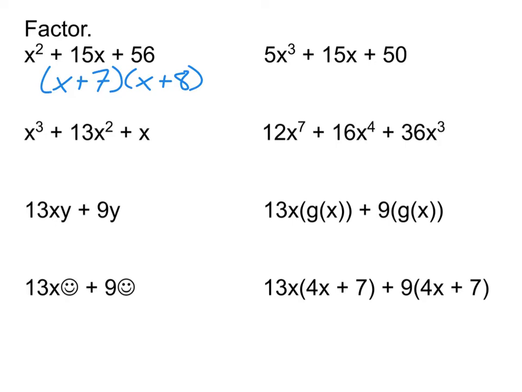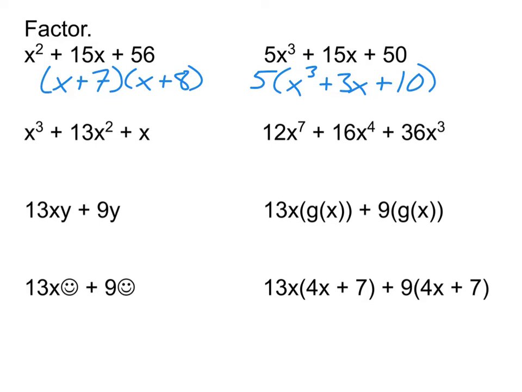And so if I look at every single term here, I can divide them all by 5. And so I'm going to pull the 5 outside the parentheses and then put inside what we get there. So that's going to be an x cubed, a 3x, and then 50 divided by 5 is 10. That one's done. That's as good as it gets.